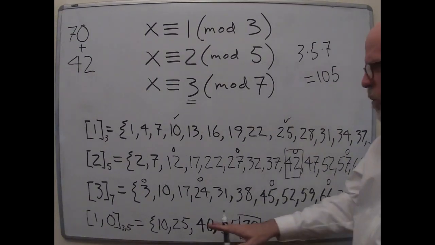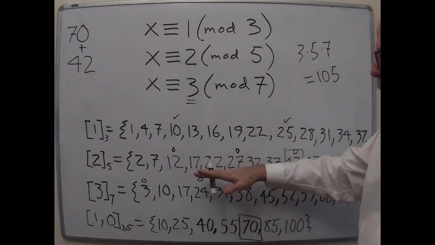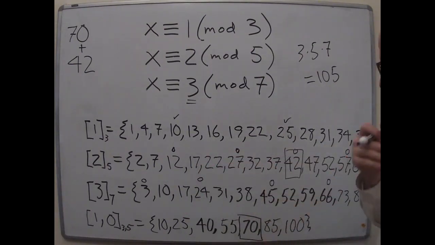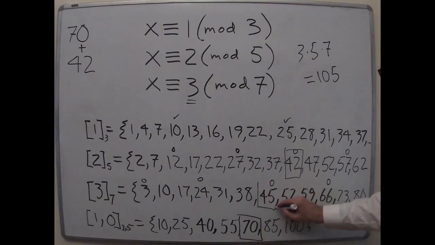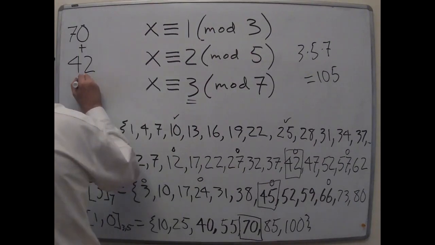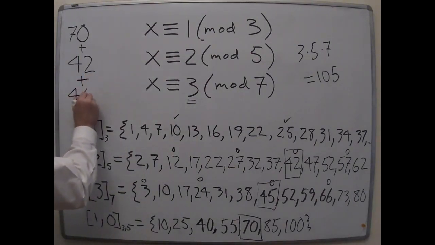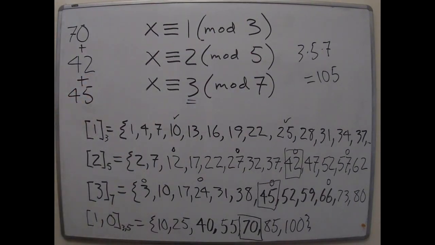That's the one we're after, right? We're 3 mod 7, but we want to be 0 mod 5 and 0 mod 3. Yeah, it's not so hard to spot. Right there, 45. So if I add up these three numbers, I'm guaranteed that it will be right modulo each of these moduli.